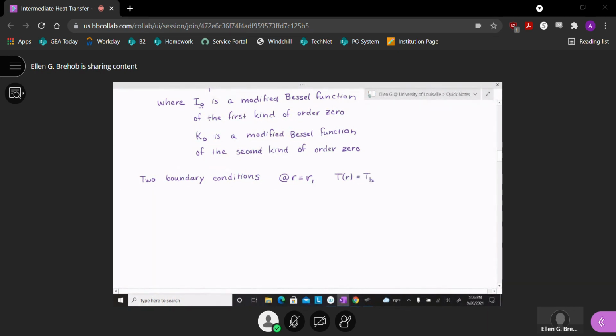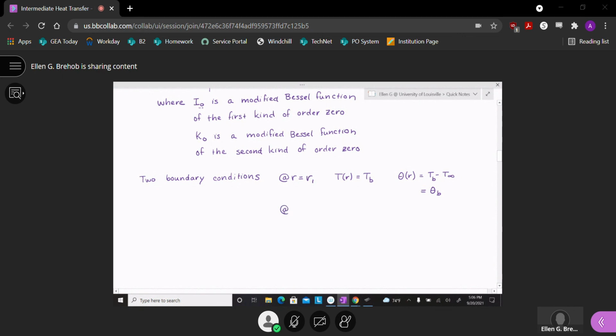That's a very similar idea to what we did with the straight fin. And then since I really need to write this in terms of theta, and theta is temperature minus T infinity, we're going to call it theta b.